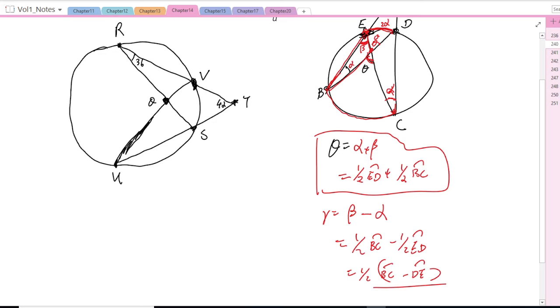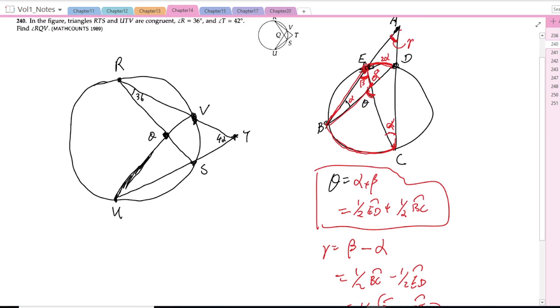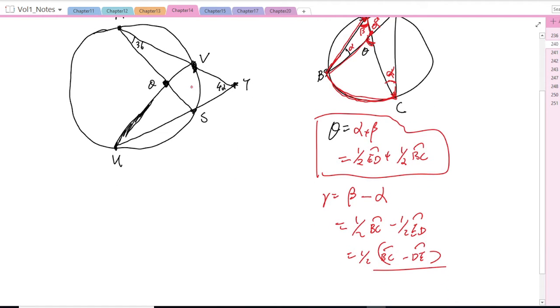You can see theta is half of BC plus ED, and gamma is half of BC minus ED. We need to use this important result.